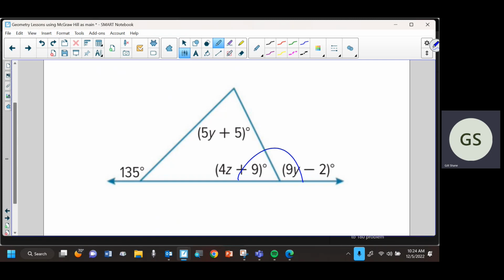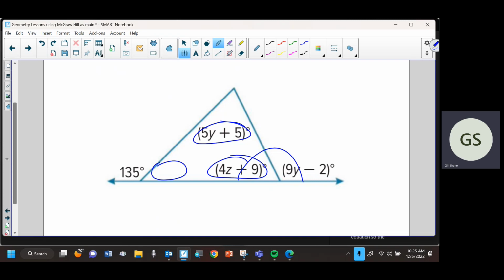Problem is, I have 2 variables in that one equation, so I can't solve that. I can't add these 2 up. I could solve for this and get a number here, but adding these 3 up, whatever that number is, plus that, adding those up to 180, again, I have 2 variables. I can't solve that equation.